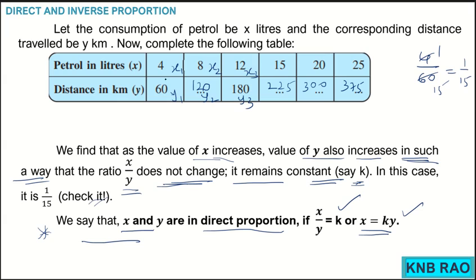So, I can say x1, x2, x3, x4, x5, x6 are the values of the variable x, and the corresponding values of variable y will be y1, y2, y3, y4, y5, y6. This is what I have used here.